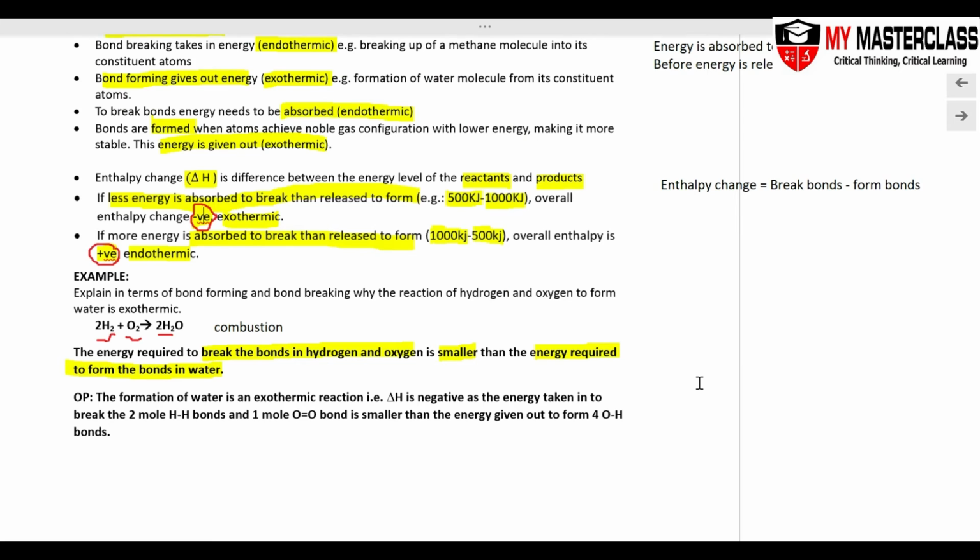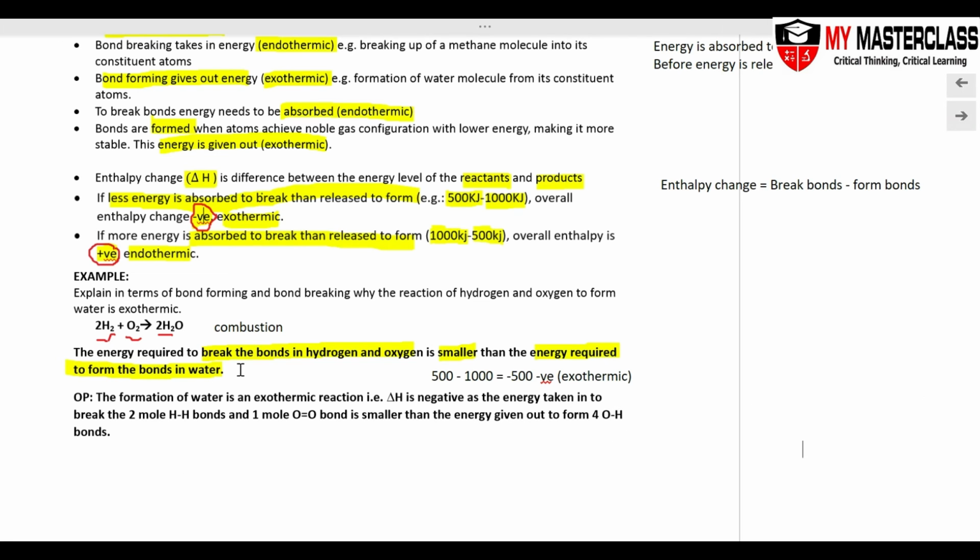So I have a small number, for example 500, which is smaller than the energy required to form these bonds. 500 minus 1000, I will get a negative value, and it is exothermic. Why? Because more energy is released when I form the bonds.